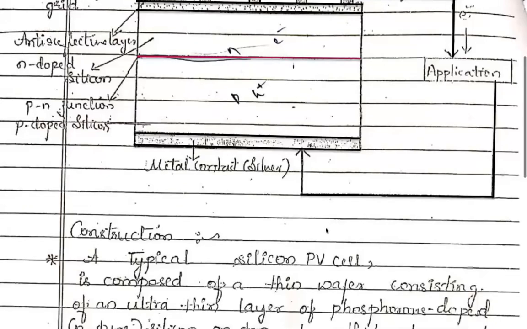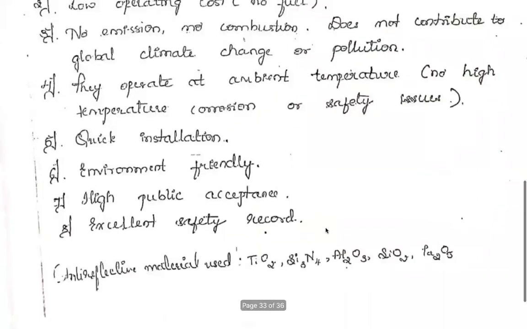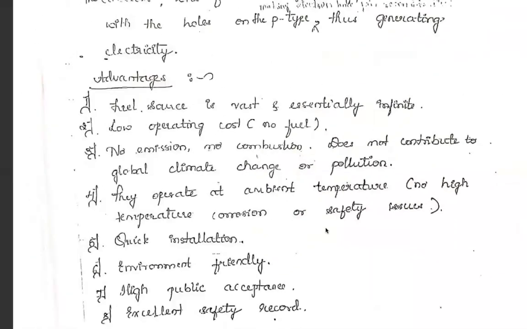Is it clear? So what are the advantages? So fuel source is vast. Yes, solar energy is infinite. And we are not using any kind of fuel, so operating cost is less. However, installation cost is more. It is a one-time investment.